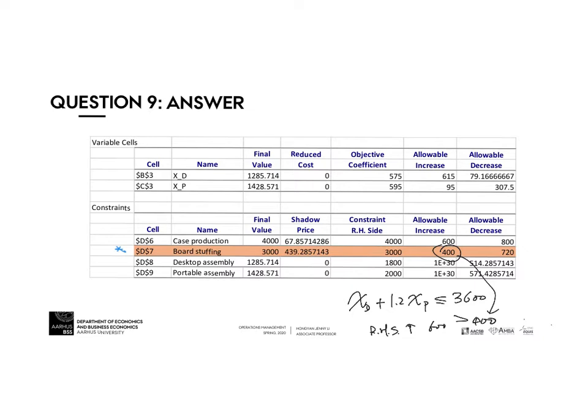That means the shadow price will change. In this case, we take the 400 units as the change. If you increase the board staffing capacity by 400 units, the objective function will change by the shadow price times the change of 400 units.